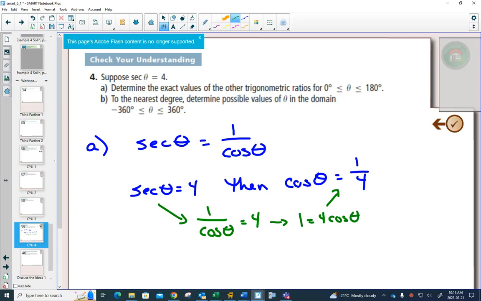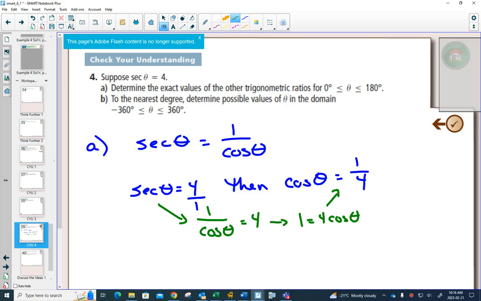So since secant and cos are related, instead of doing this work in green every time, because they're reciprocals, the shortcut means their value will be the reciprocal. So if I know secant of theta is 4, which is 4 over 1, then I can write cos of theta to be 1 over 4.